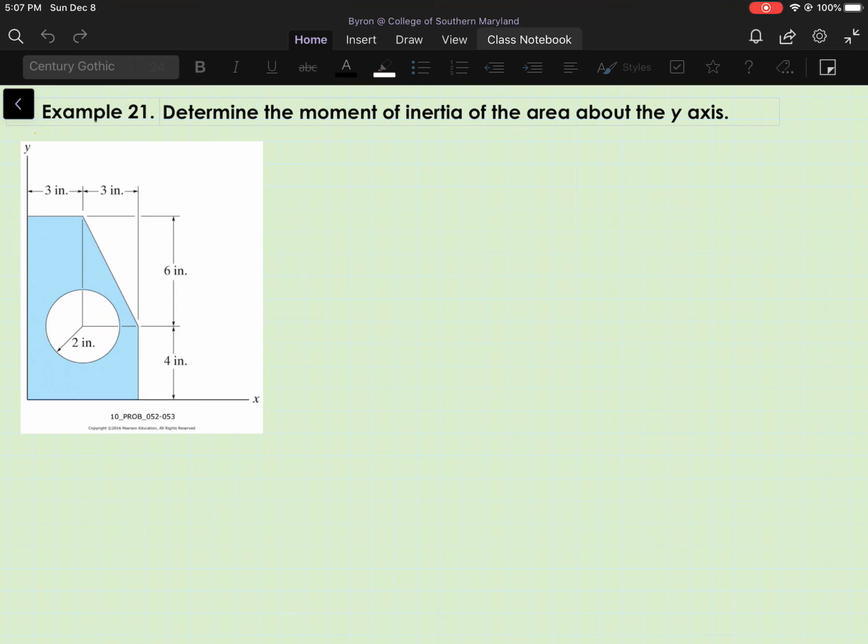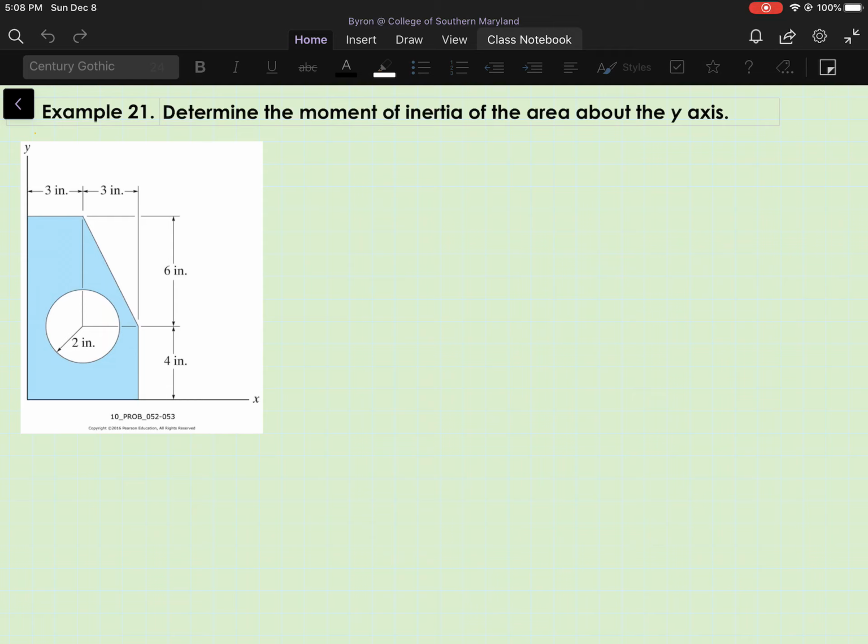So this is a composite area moment of inertia problem, and we are going to approach this by breaking our composite area up into areas of simpler shapes that are easier to deal with as far as finding their centroids and finding their individual moments of inertia about their centroids.